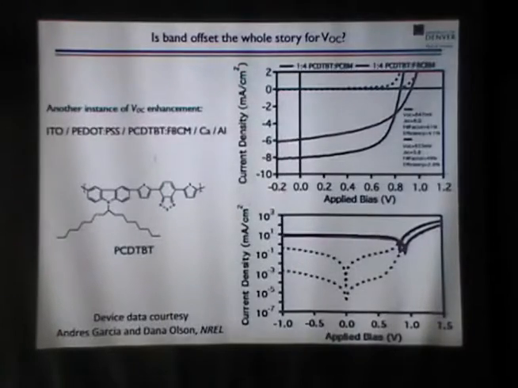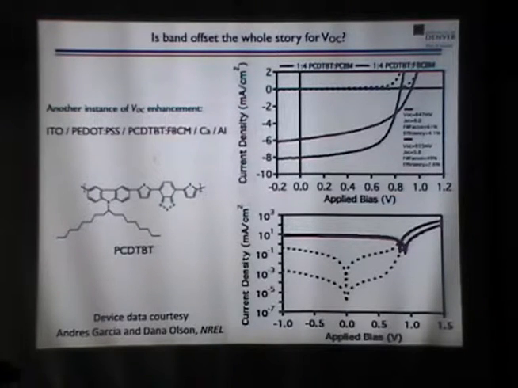Just to show a little better enhancement, we can now try mixing that FCBM with a different polymer material, a different donor. So this is PCDTBT. This is this polymer here. And this has a little lower band gap than P3HT, and the band offset, or the effective band gap, is a little larger, so we get a little higher voltage anyway.